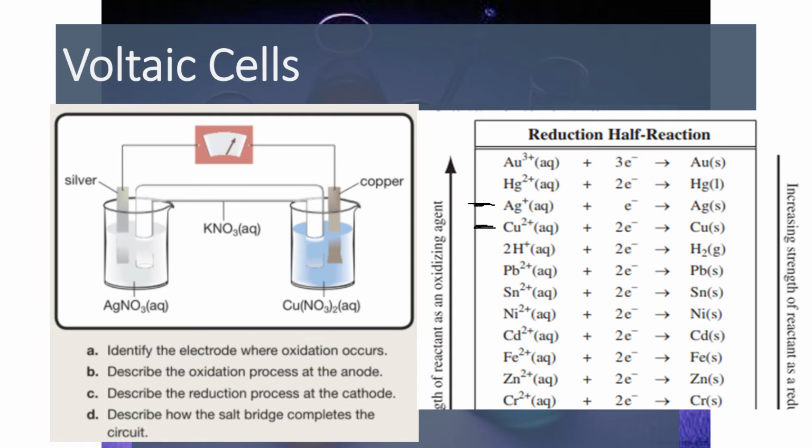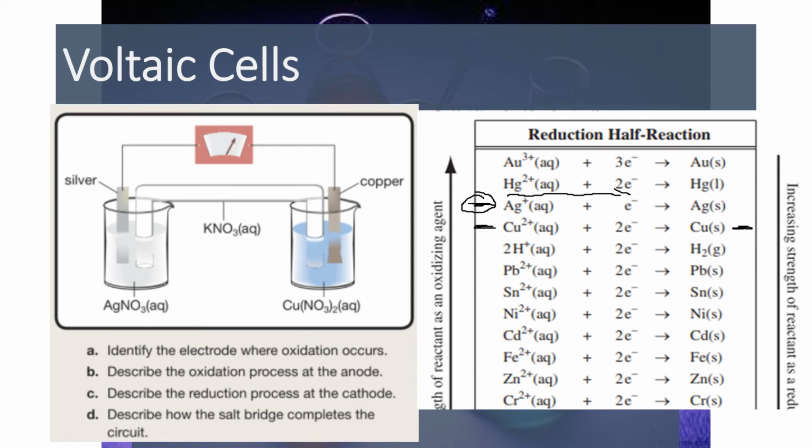For this to occur, I need my strongest oxidizing agent to be higher. So I need this one to go through reduction. I need this reaction to go through oxidation for this to happen. And so right away, this is already telling me what is happening. And now that I can find that one is higher, I need my silver ions to flow this way.